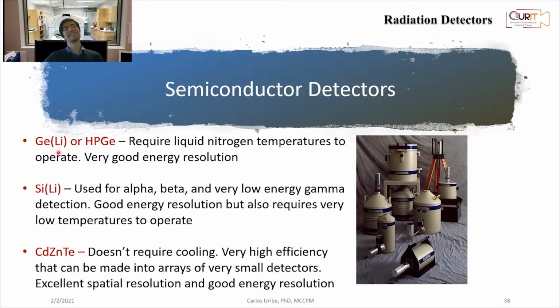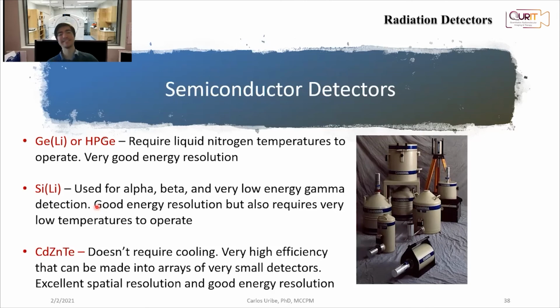Now, germanium has an even higher limitation: they don't only require liquid nitrogen to operate, they also require to be stored at very, very low temperatures, or your detector is just going to get damaged. Silicon, you can still store it at room temperature, but if you want to make the most of it, it should still be stored at very, very low temperatures.